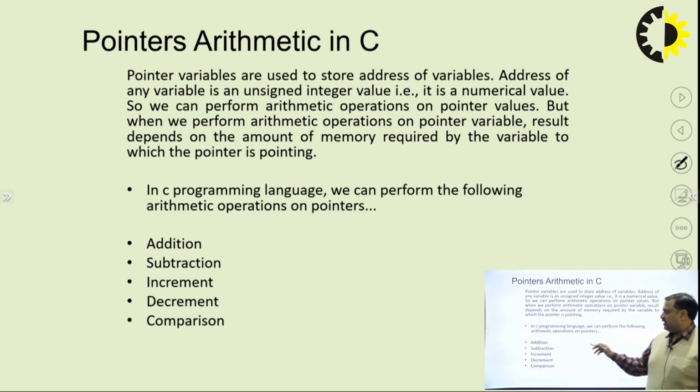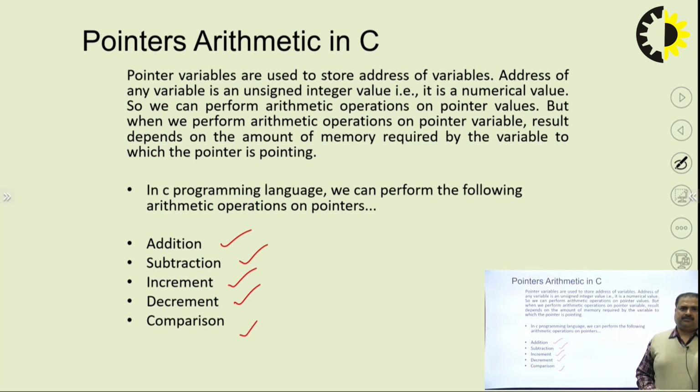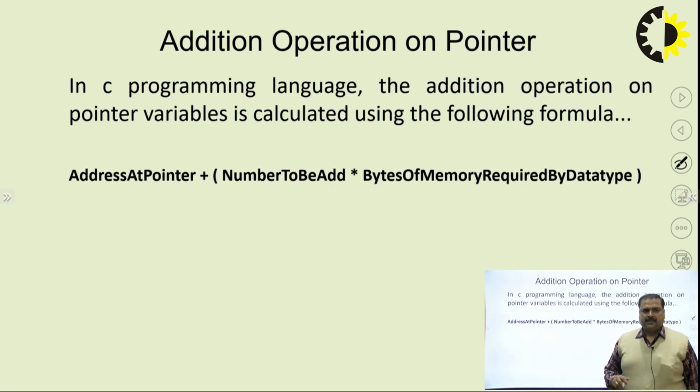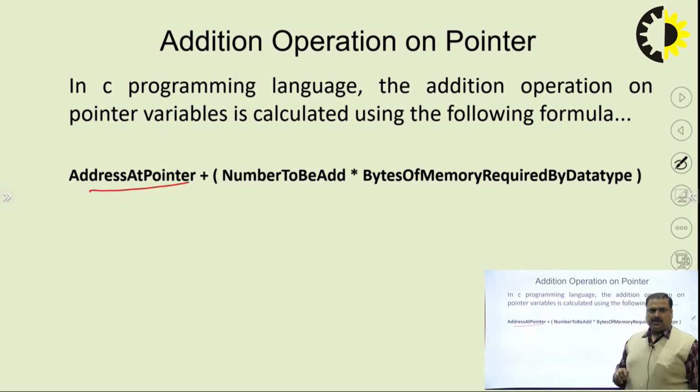Pointer arithmetic allows only addition, subtraction, increment, decrement and comparison of pointer variables. Like if we want to add an integer to a pointer, what will happen? The address where the pointer is referring, plus the number to be added times the bytes of memory required by the data type. So, that will happen.